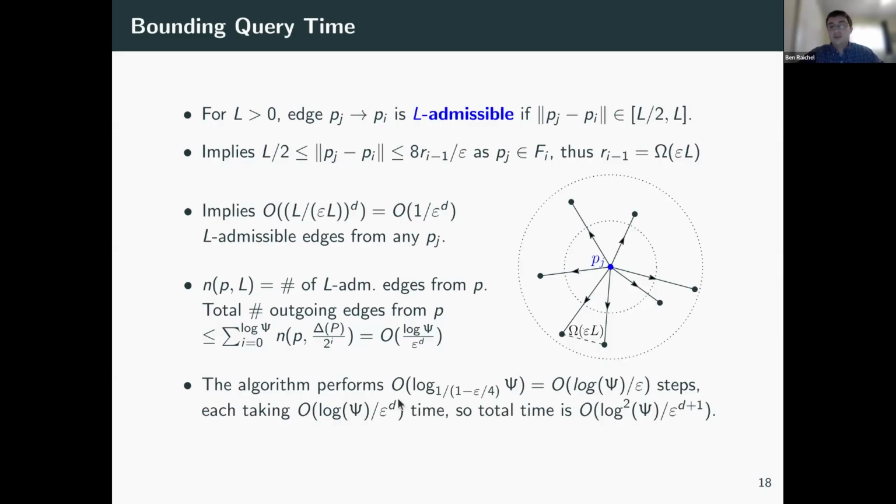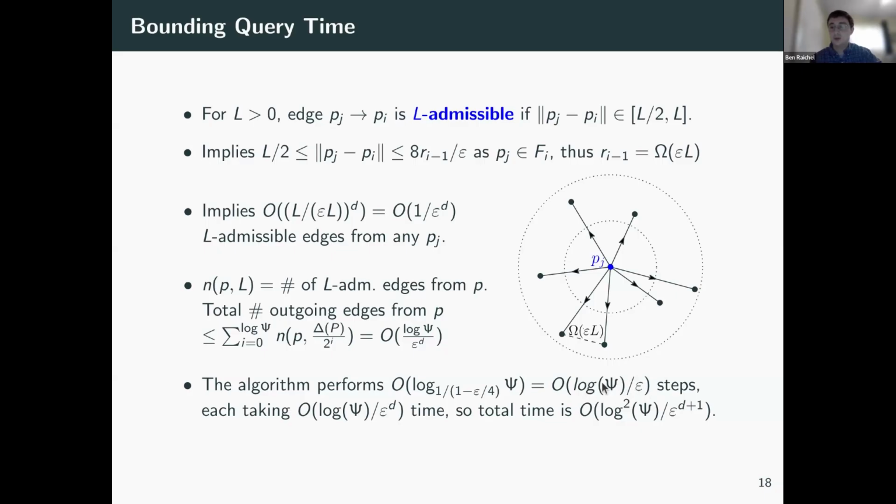Now, how many steps does the algorithm perform? Remember, every time I take a step, I promise you that the distance goes down by 1 minus epsilon over 4, right? That was my condition for moving, which means that the log base 1 over 1 minus epsilon over 4 of the spread is the number of times I can do this before I actually hit my goal. So that's roughly log spread over epsilon.